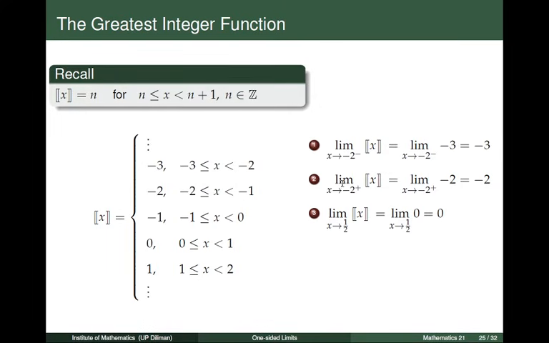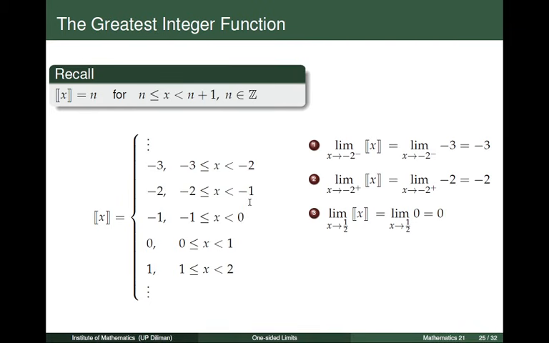For the second example, let us consider the limit of the greatest integer of x as x tends to negative 2 from the right side. This means that we are considering x values that are very, very close to negative 2 but are greater than negative 2. So here, we need to consider this interval of x values from negative 2 to negative 1.